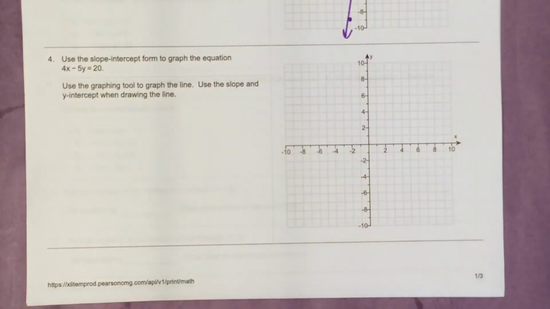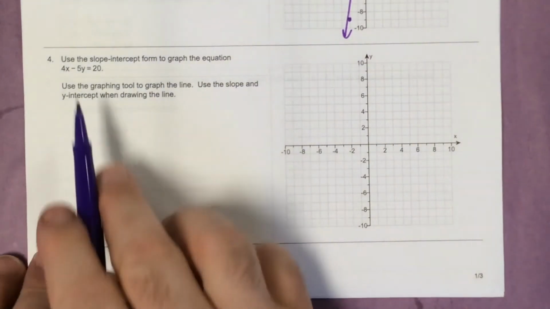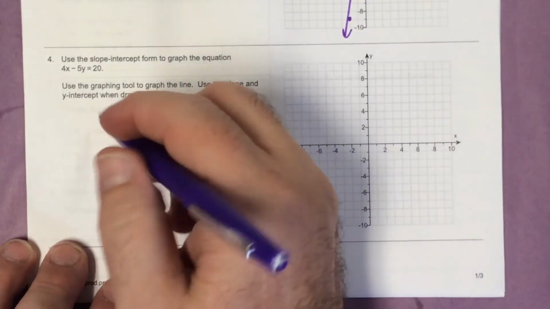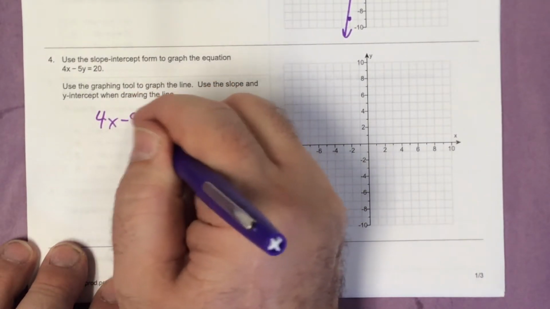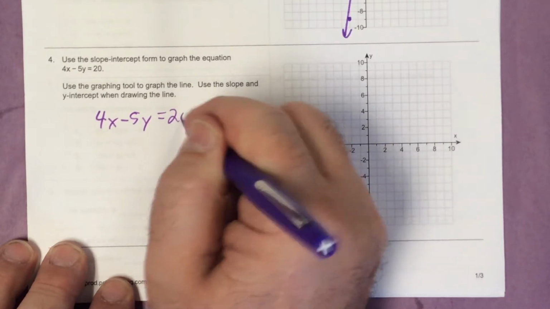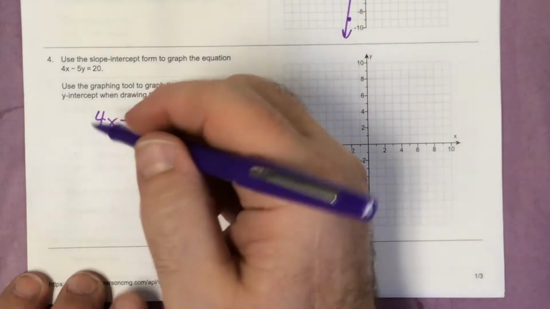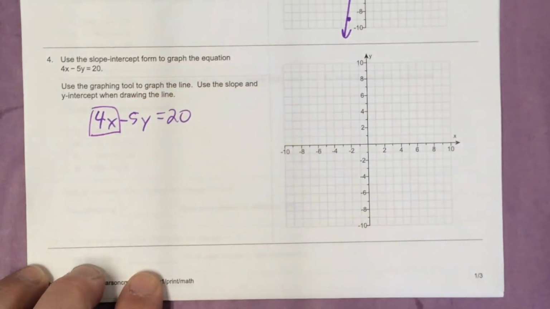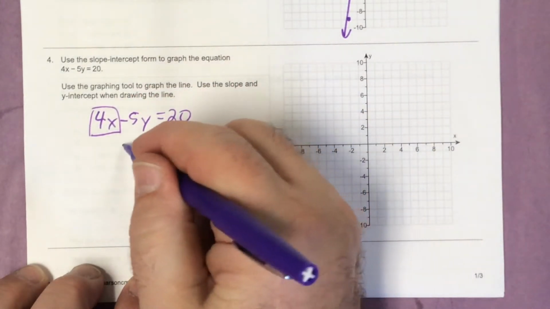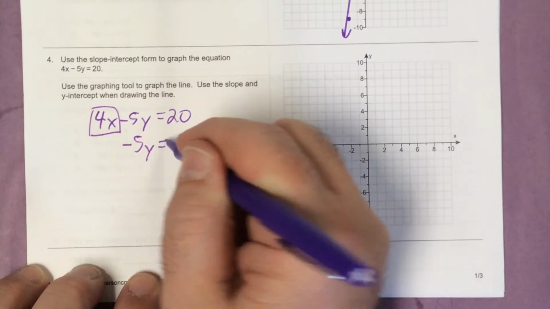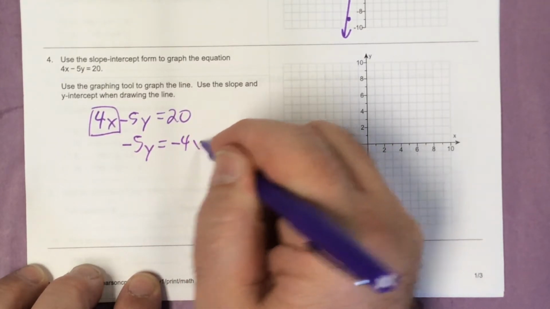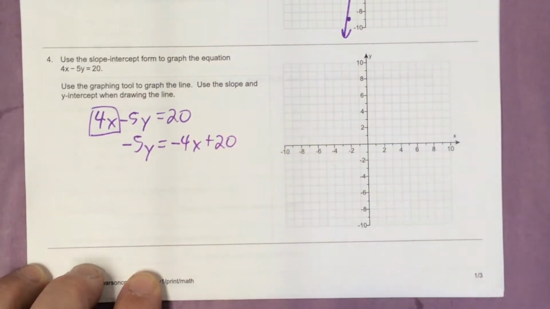So bearing those two things in mind, the first thing I'm going to do in this question is rewrite this problem here, 4x minus 5y equals 20, and move the x to the other side. And like I've shown you in class before, move that to the other side and take the opposite sign of it. So that's going to be negative 5y equals negative 4x plus 20.